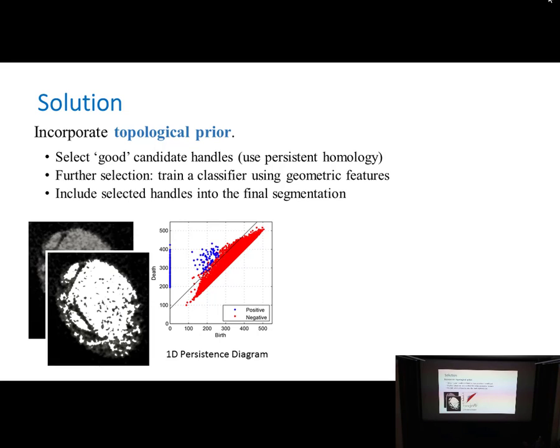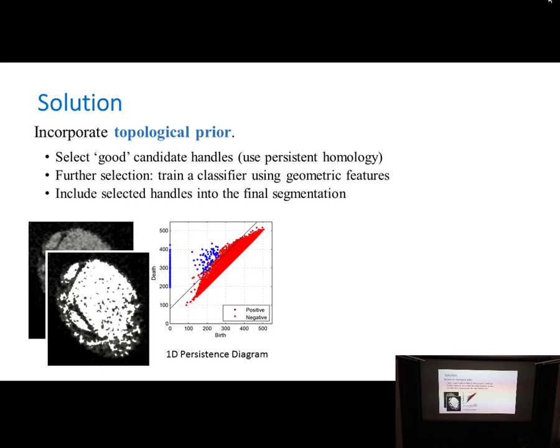As you can see, this persistence diagram itself is still very noisy, very bad. A lot of dots, and most of them are really not the signal we are looking for. So we empirically select a particular persistence threshold, equal to 80, just to rule out a lot of negative ones. By the way, the red dots are negative ones, blue dots are the positive ones, the ones we want to keep. And this is based on human observation.